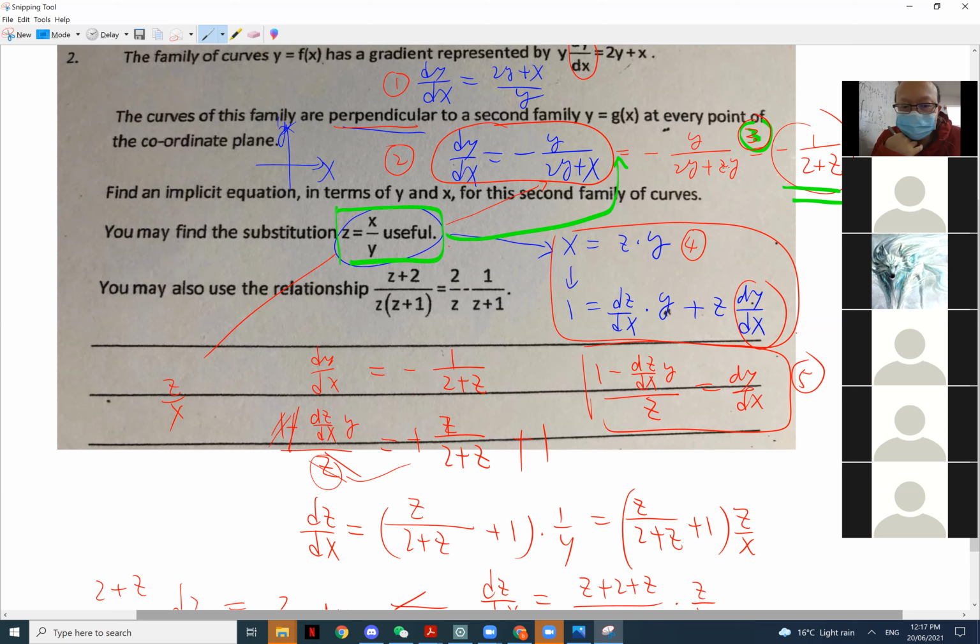Okay, this is step 6. Because after you got dy dx, we try to simplify it. Dy dx is here. Finally, you have dz dx.